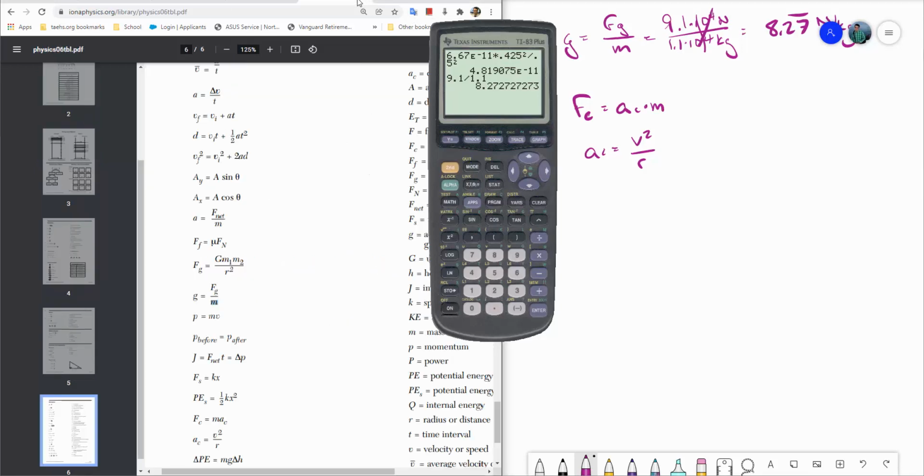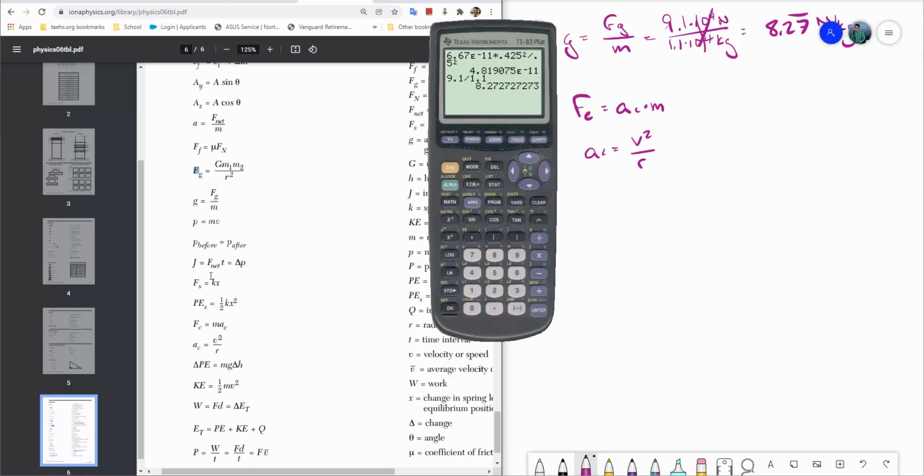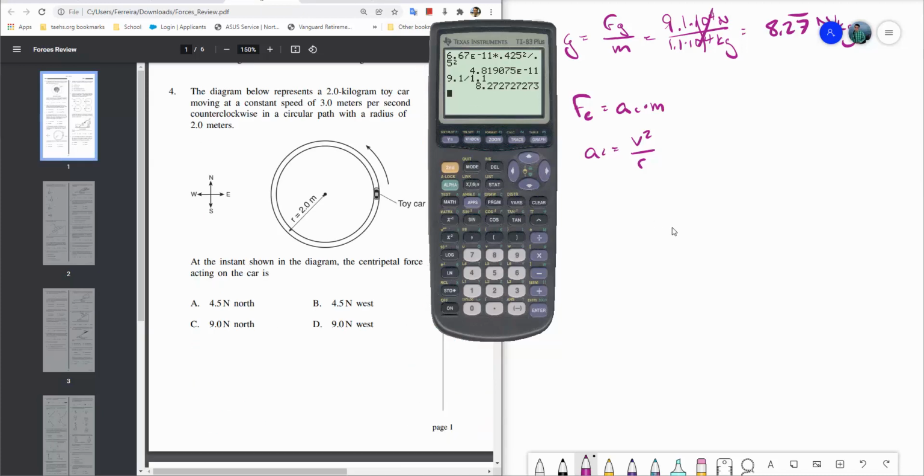Now, all of this can be found on the reference table. So here are centripetal force and centripetal acceleration on the reference table, those equations. What we can do is substitute in centripetal acceleration. So the centripetal force is equal to v squared over r times mass.